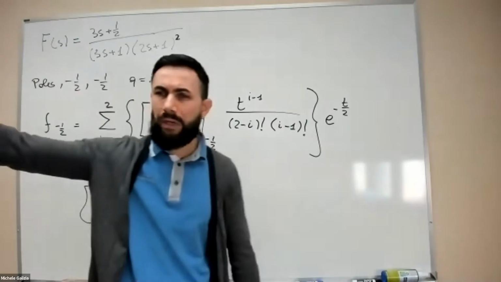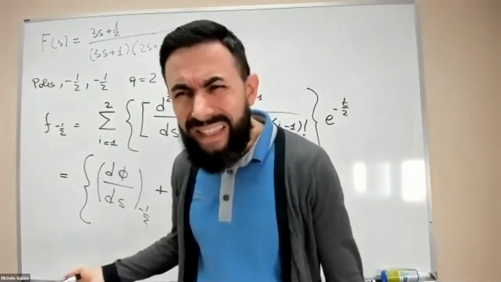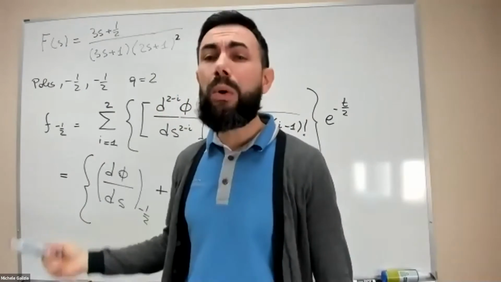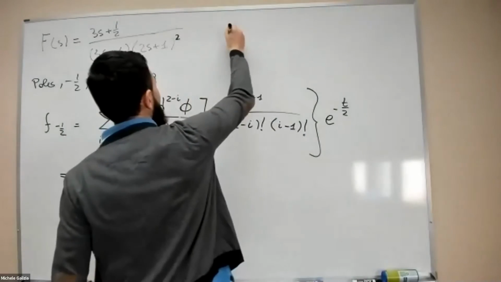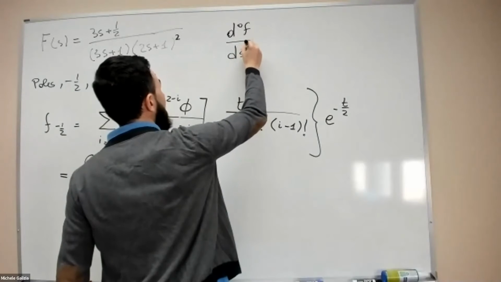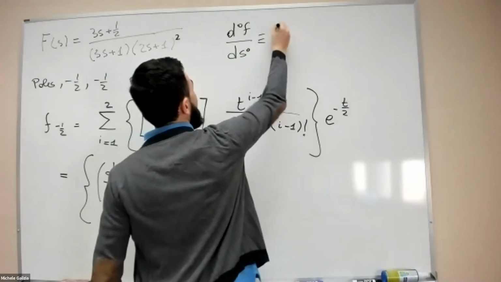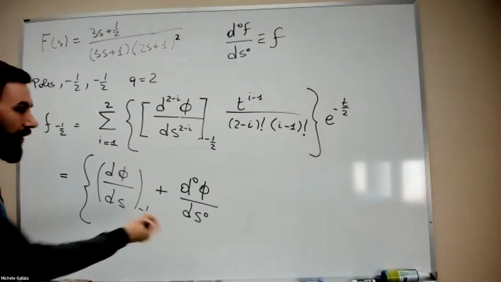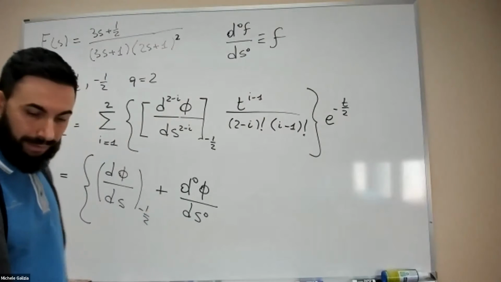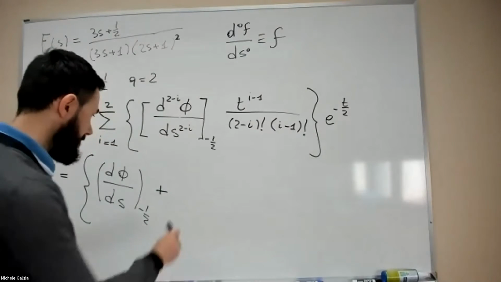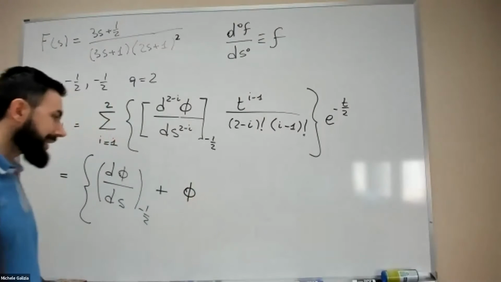Derivative of order 0, what does that mean? What is the derivative of order 0 of a function? It is the function itself. The derivative of order 0 is the function itself. And so, directly, phi. Make sense?